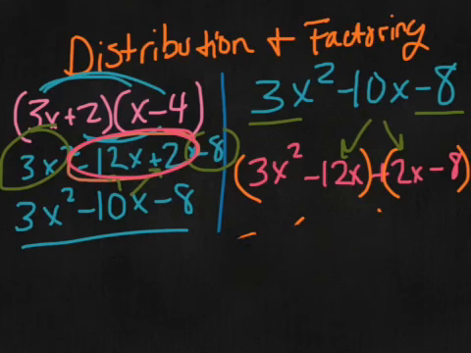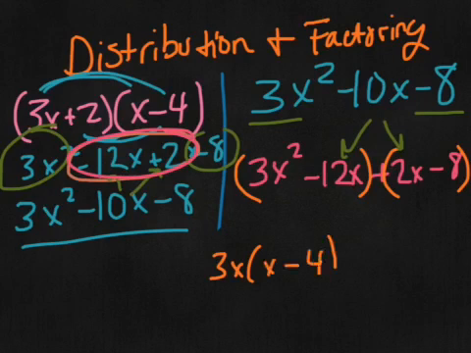I'm going to scoot this over a little bit. So we pull out a 3x, and we're left with x minus 4. So 3x squared divided by 3x is x. Negative 12x divided by 3x is negative 4. Now we're going to do the same thing over here.